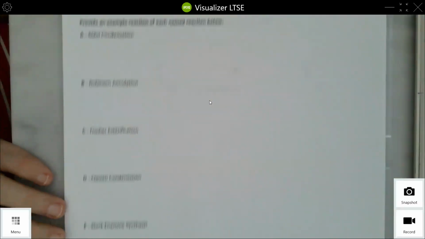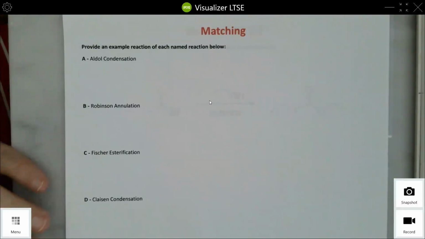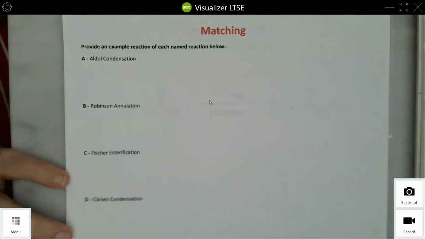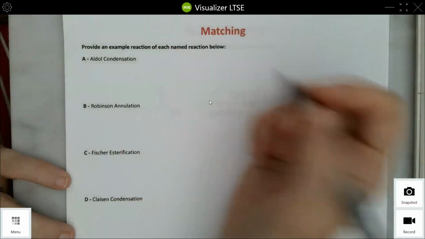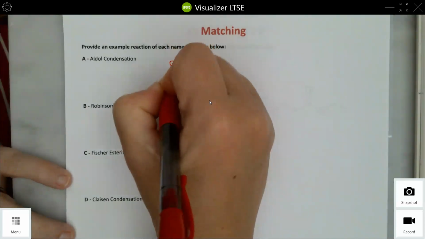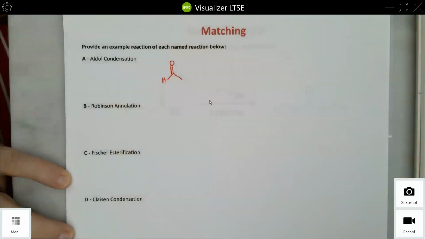Next is provide an example reaction for each of the named reactions below. Okay, so how about the aldol condensation? So for an aldol condensation, we usually take an aldehyde or a ketone, right?